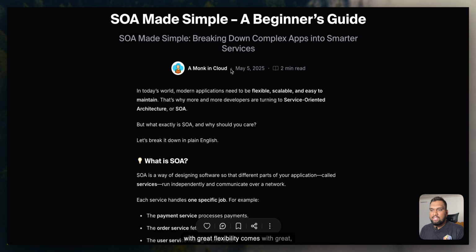But with great flexibility comes great responsibility. Since everything is split into multiple microservices, you need good governance, automation, and monitoring to keep services running smoothly and talking to each other reliably. If not, everything will be a mess and you won't get your final product, right? So every service should be able to talk to each other.